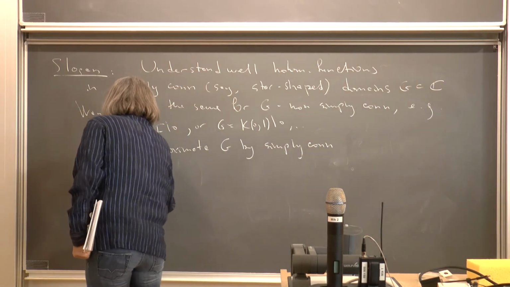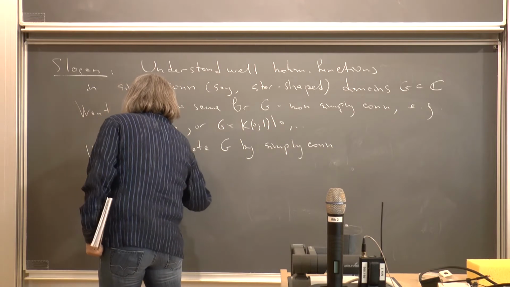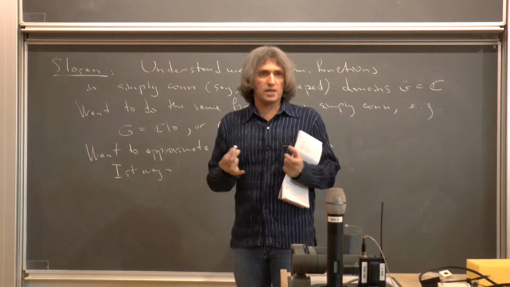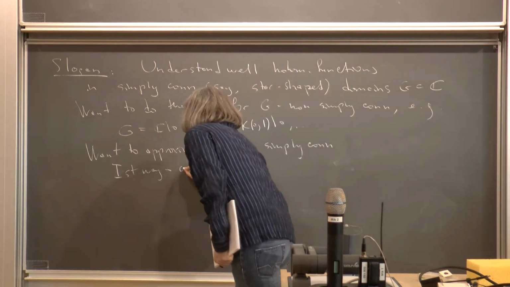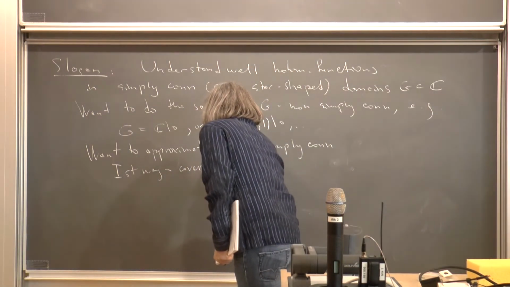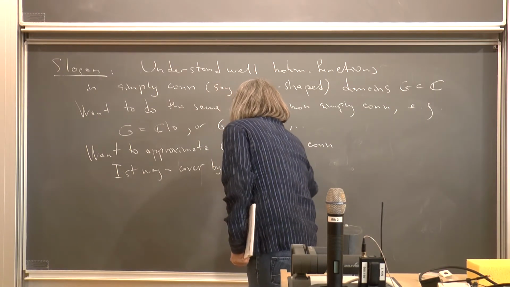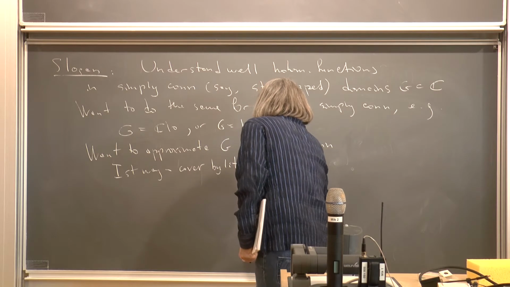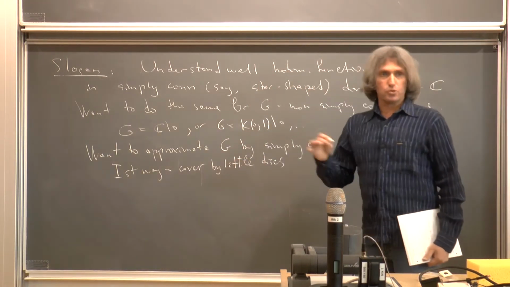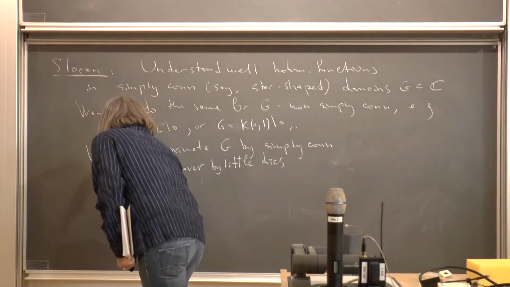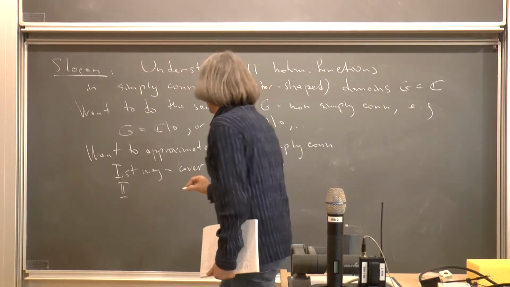So first way, covered by disks. So covered by something simply connected, say by little disks. And then do something local to global. But there's a second way which we'll be discussing today and on Thursday.